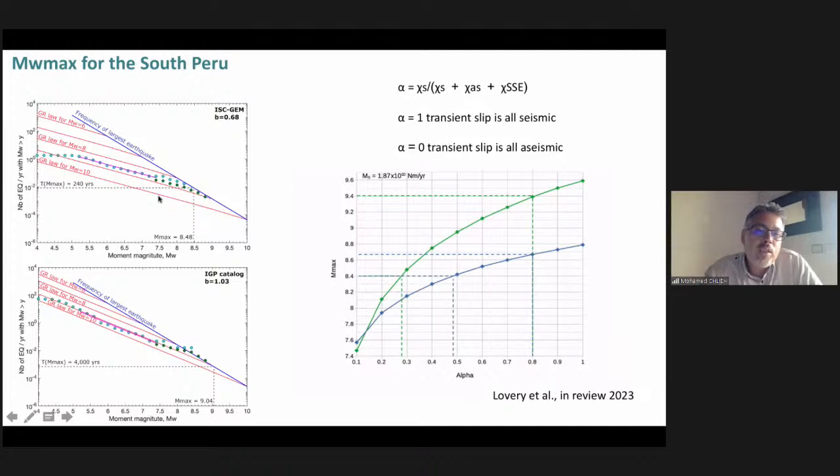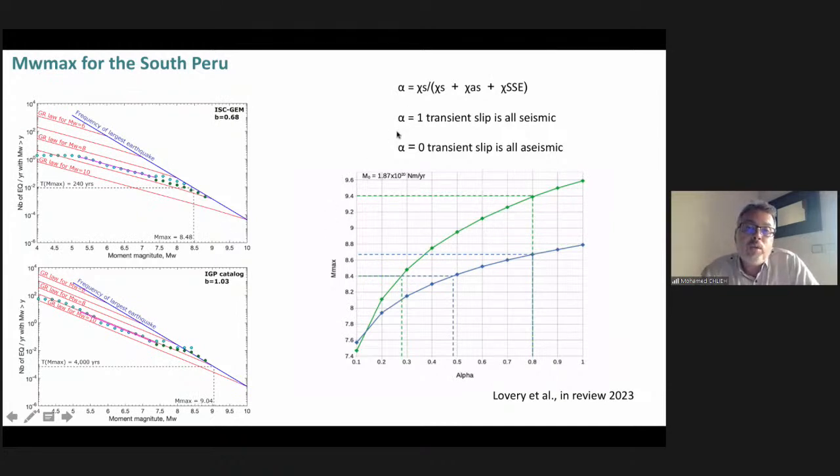And what you see clearly is that, depending on the seismic catalog, we have a quite different maximum magnitude earthquake. We can jump from magnitude 8.5 to 9, depending only on this catalog.